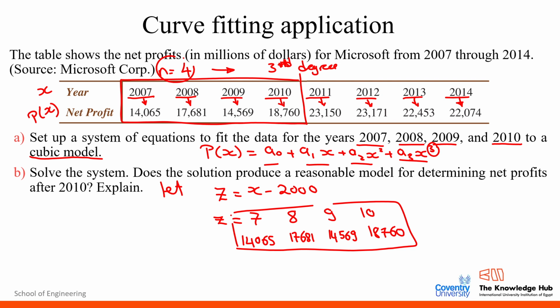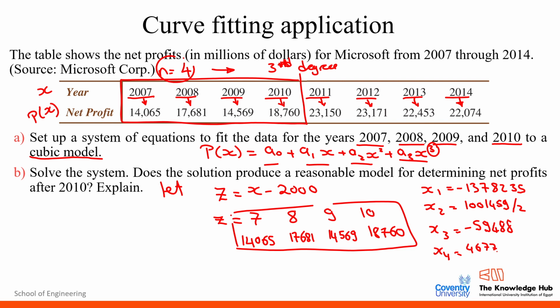So we can write down here 4 equations in 4 variables, and then by solving the equations, you are going to have x1 equal negative 137,835, x2 would equal 1459 over 2, and x3 negative 59488, and x4 would equal 4677 divided by 2.